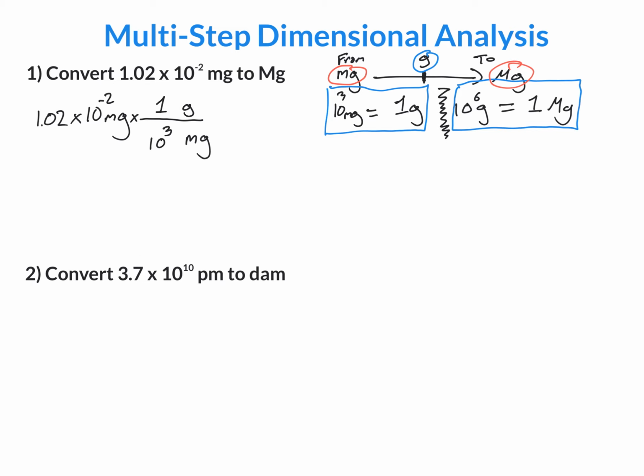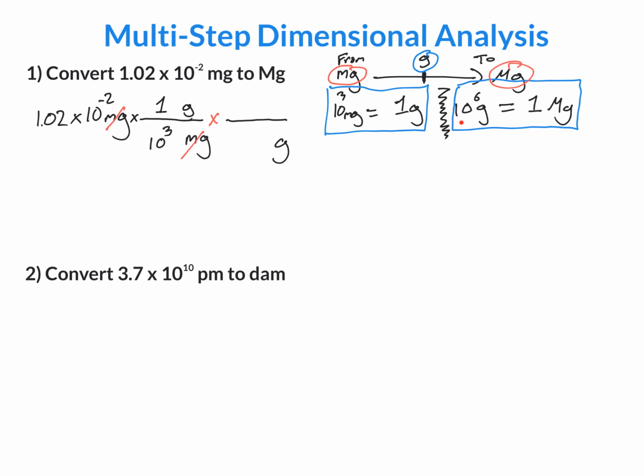Now, this is where it's a little different, but it's still very similar. We cancel out what we have, right? And then we pick up where we left off, and we say, okay, well, what's on the top now? Grams is on the top now. We still need to multiply by our second conversion factor. So we write another multiplication sign, and we say, okay, well, since grams is on the top, grams must be on the bottom so that that can too cancel out.